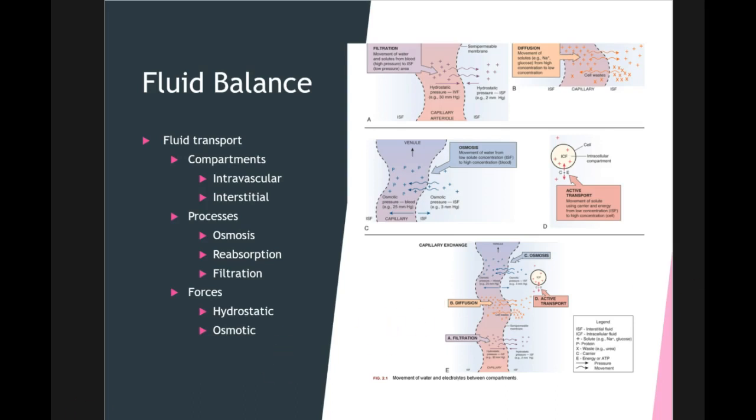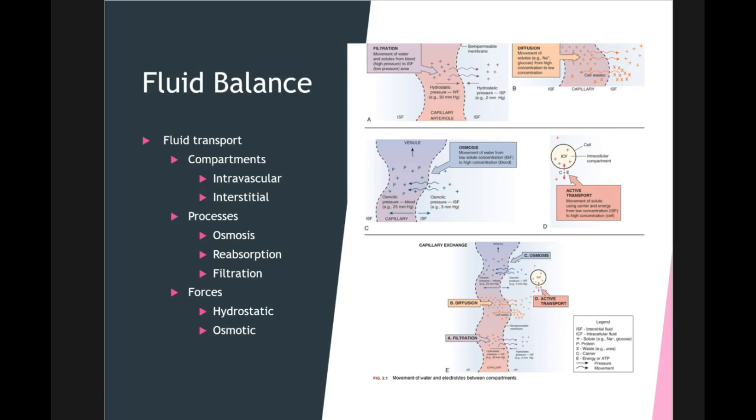So fluid is added to the body by ingesting solid foods and fluids, and as the product of cell metabolism. And then we lose fluid through urine and feces, as well as insensible or unapparent losses through perspiration and exhaled air.